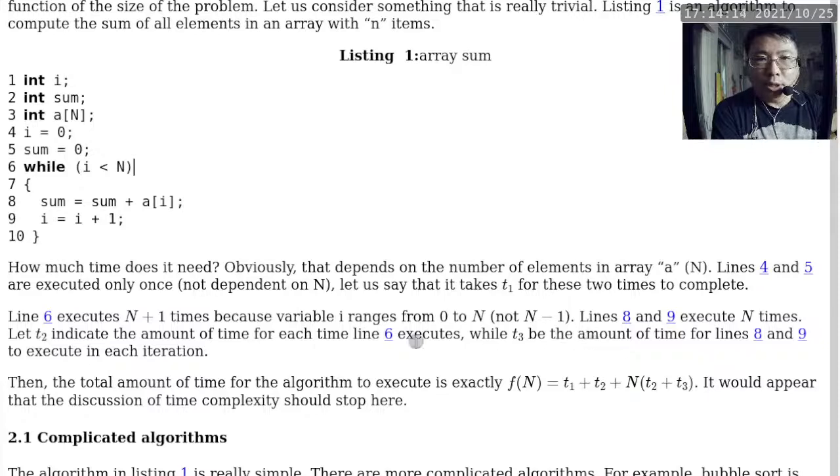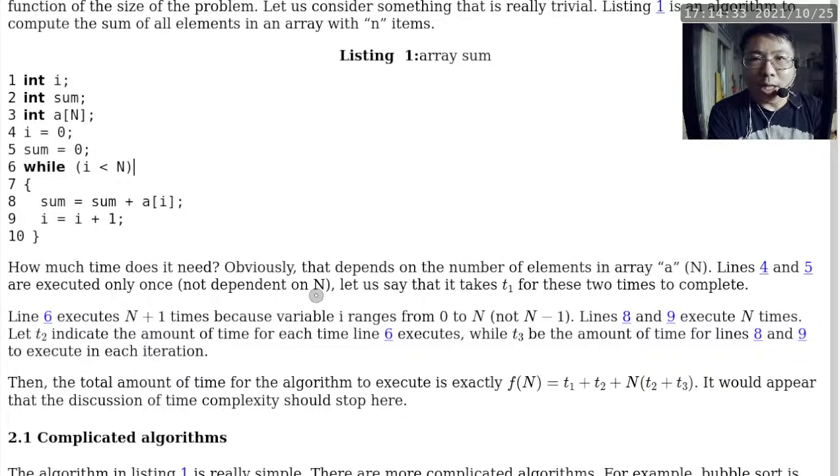T1 is for lines 4 and 5. So the initialization is when you add up the time to initialize i and to initialize sum, and we'll call that time T1.